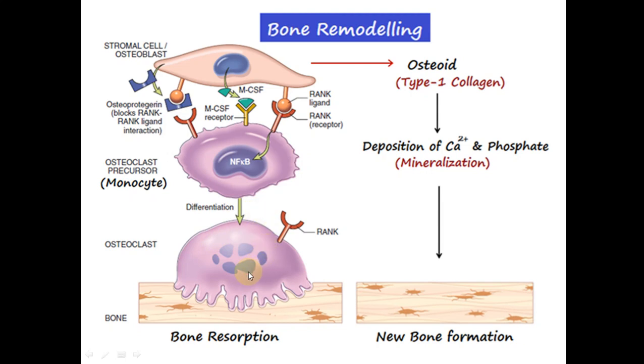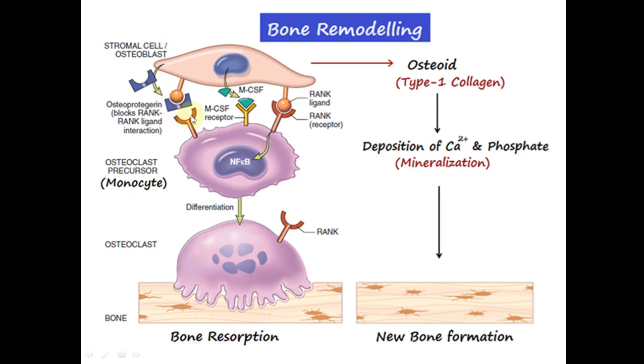Now, after some time of bone resorption, the osteoblasts secrete another, inhibitory factor, known as osteoprotegerin. This osteoprotegerin is the inhibitory factor, and it will bind to the RANK ligand and inactivate it, thus stopping the process of osteoclastic resorption of the bone.